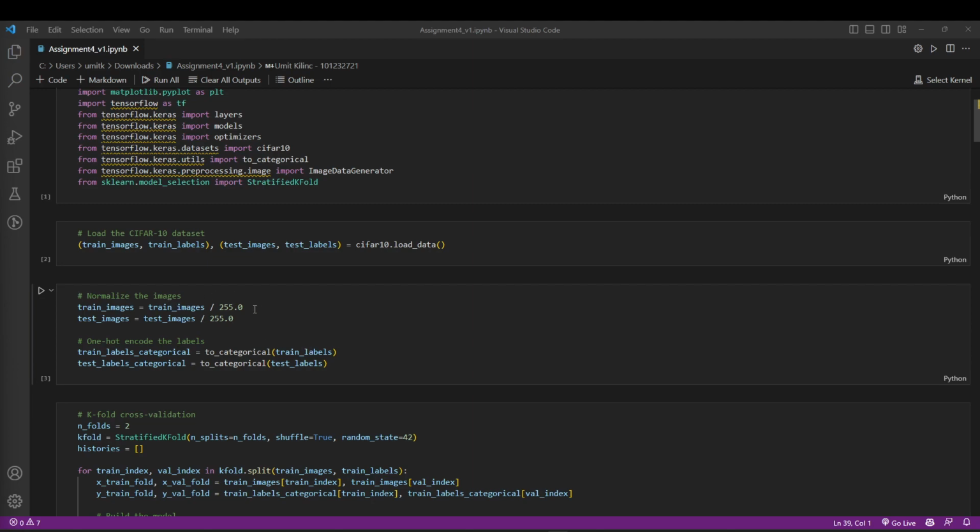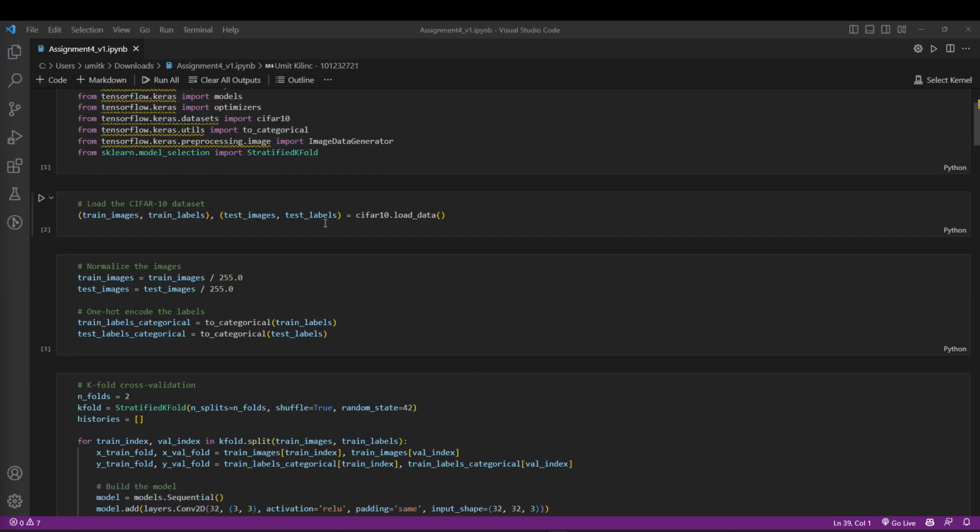We're dividing by 255, and then we're one-hot encoding the labels using to_categorical, which converts a class vector into a binary class matrix.